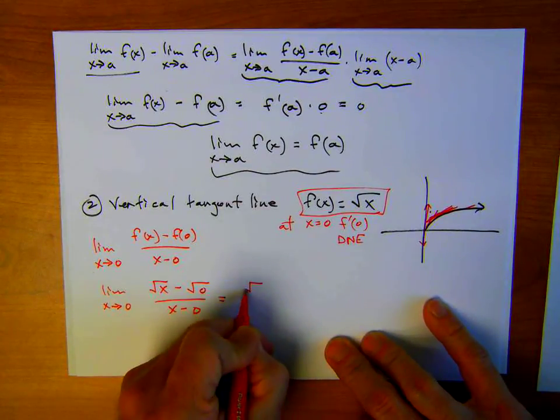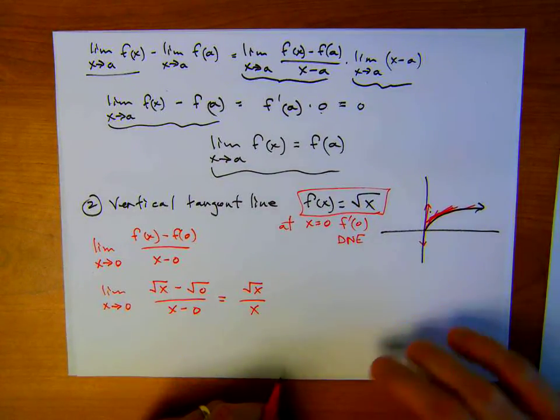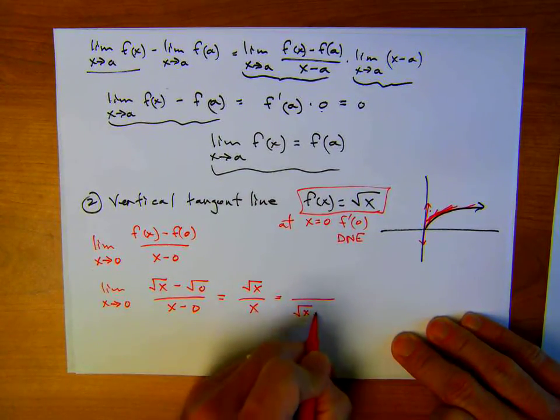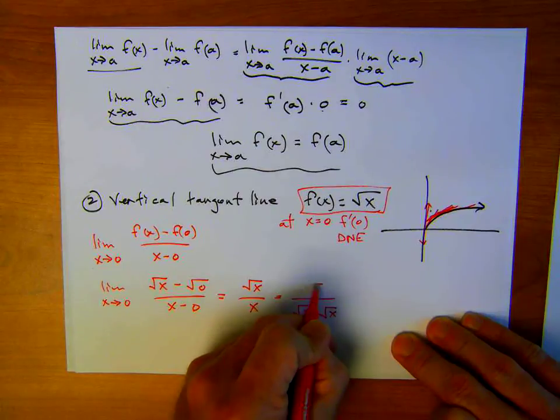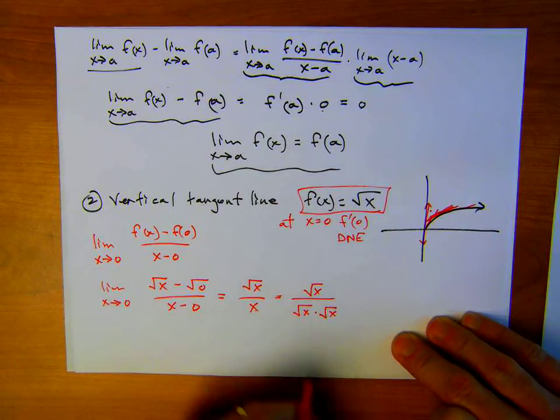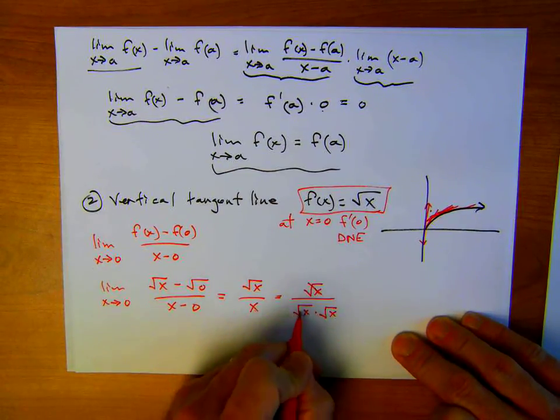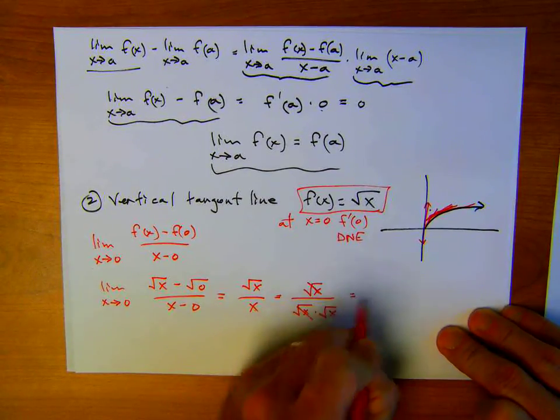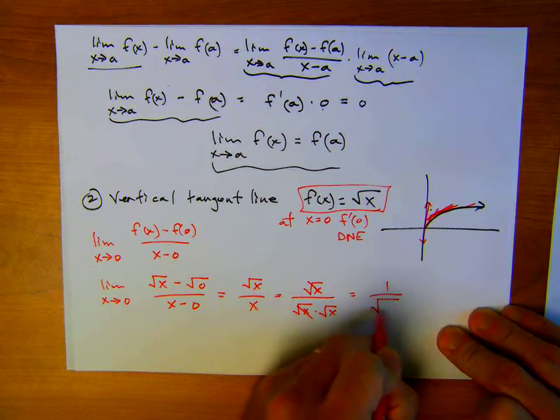Well, that's just going to give me the square root of x over x. But notice that x can be written as the square root of x times the square root of x, right? So now I can divide out one of these. Square root of x divided by square root of x is 1. That leaves me with 1 over the square root of x.